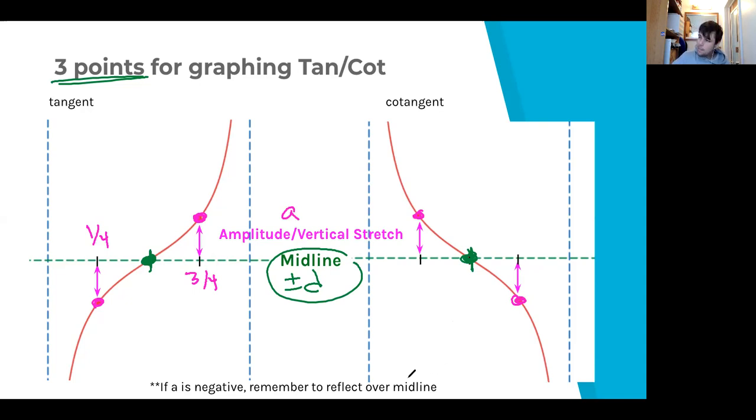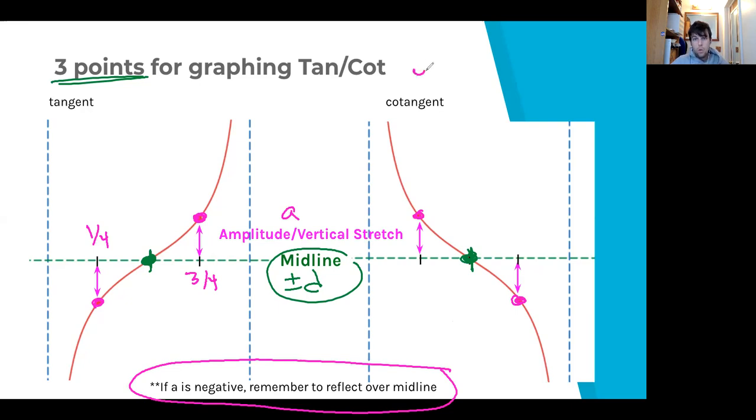The only thing to keep in mind that can switch things up is, just like all of our other functions, we can have a reflection. So we could have y equals negative cotangent of x. What that does is reflect everything over the midline. So this point would reflect down here, and this point would reflect up here. And our negative cotangent graph would look like a tangent graph, right?